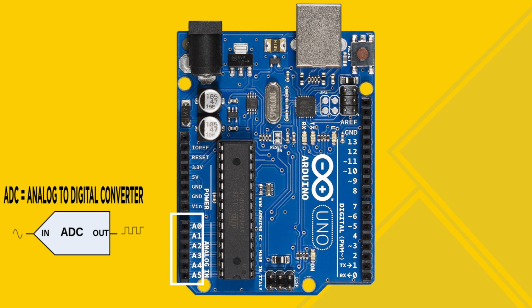So let's say you have an LDR, light dependent resistor, which varies its resistance with the intensity of light, and there are thousands of values that you can read from that resistance, and all of these values or these variations, they don't work digitally.